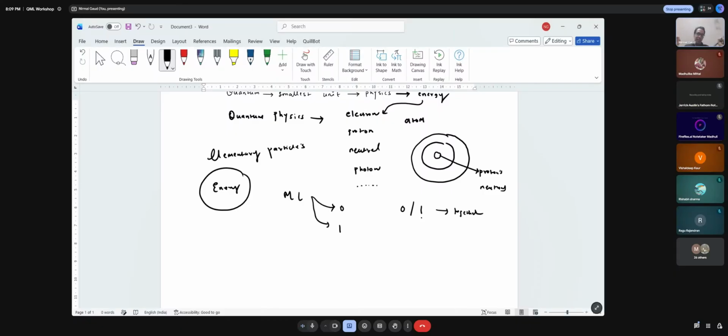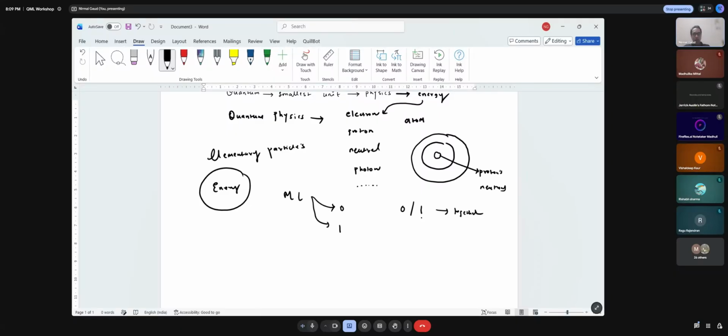These particles are present in some levels. They have a state which can be both 0 and 1. 0 can be there, 1 can be there, both can be there.